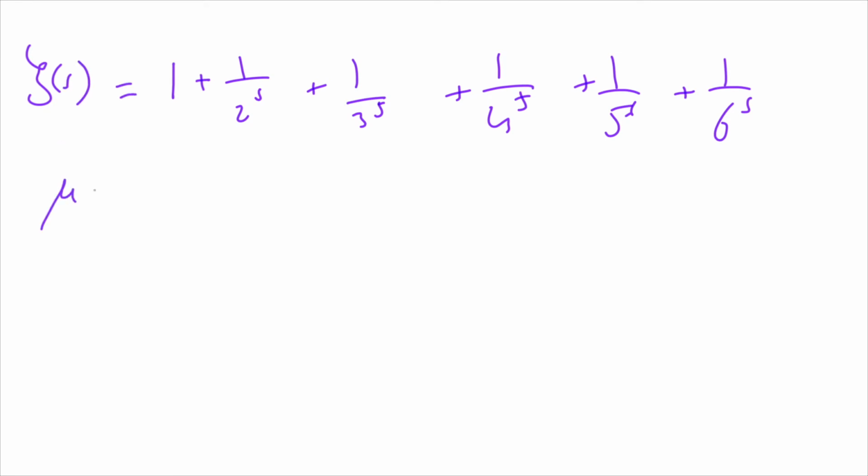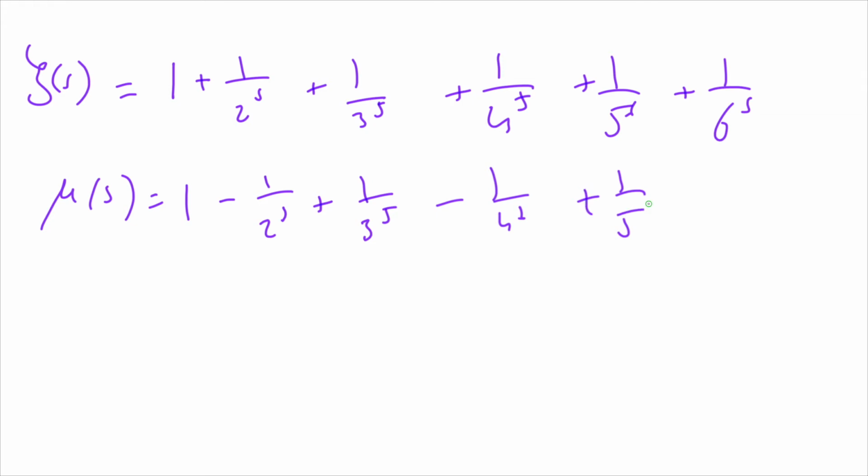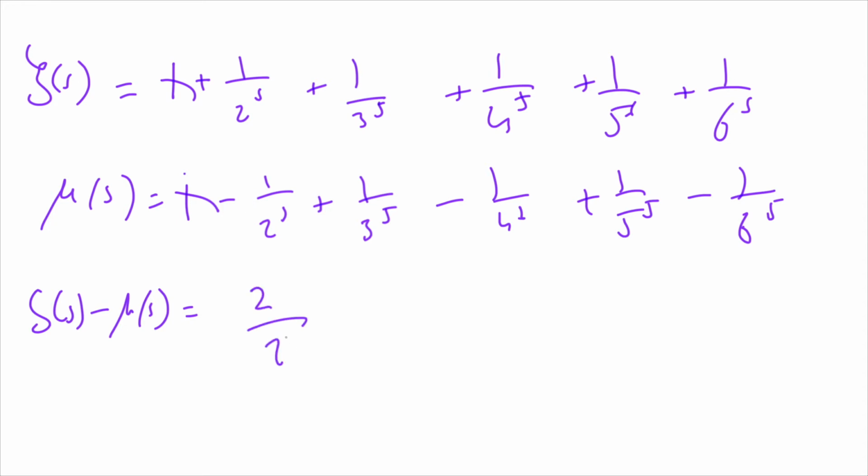And then we've got our eta function, which is 1 minus 1 over 2 to the s, plus 1 over 3 to the s, minus 1 over 4 to the s, plus 1 over 5 to the s, minus 1 over 6 to the s. So if we say zeta minus eta, it's that minus that, which cancels, that minus that, which is negative, so it becomes 2 over 2 to the s.